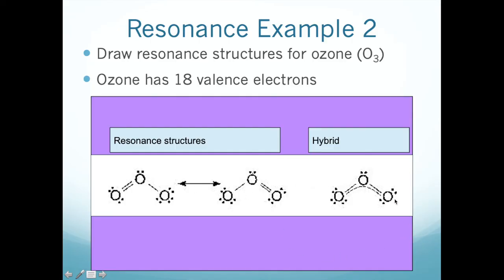So this should remind you what the molecule looks like if you were looking at it in nature. That dotted line shows that these are both partially single, partially double bonds.